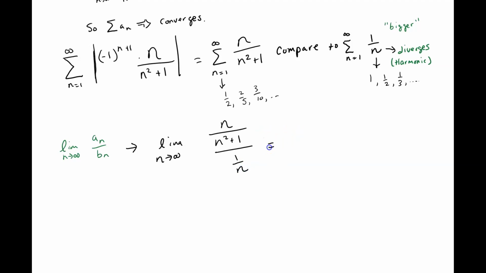So let's see what I get. I get the limit as n goes to infinity of n over n squared plus 1 times n over 1, which gives me the limit as n goes to infinity of n squared over n squared plus 1. From here, we can just divide out the n squared.